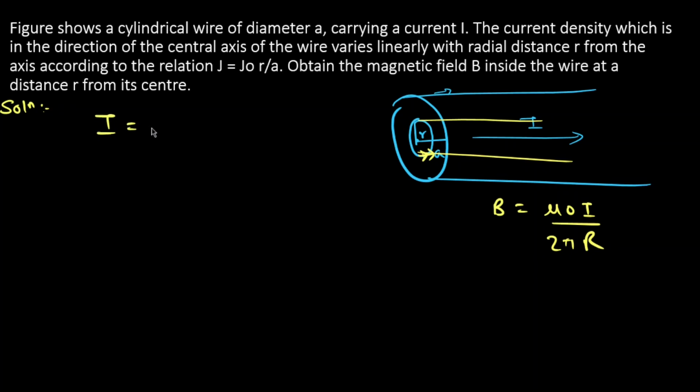Now knowing this, let's calculate the current I. The current I can be written as current density into area, J into A. Now this area will be pi r square.